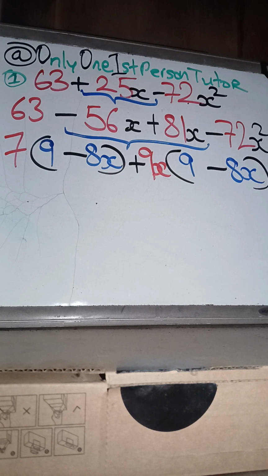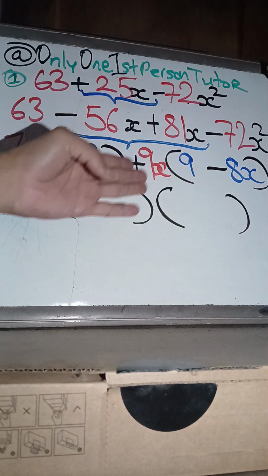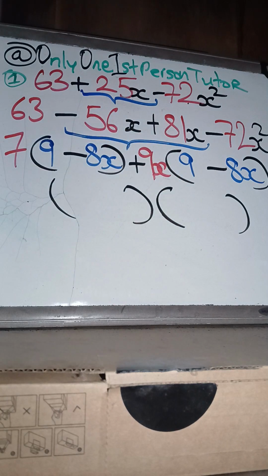Okay. So now we have team red and team blue. So let me just put down 2 brackets again. So how about red? Let's put red on the left and the blue on the right.